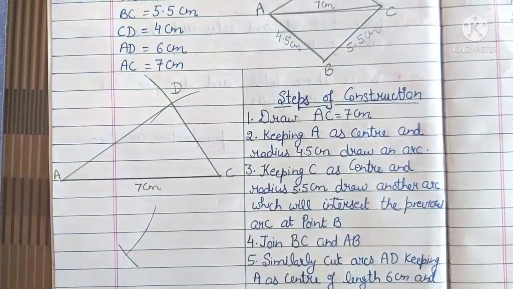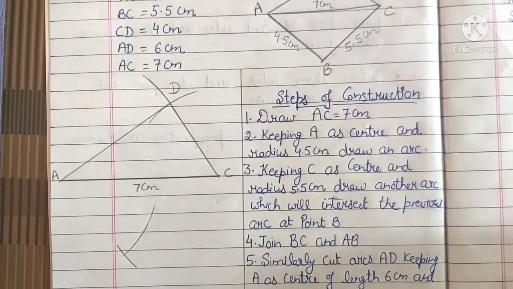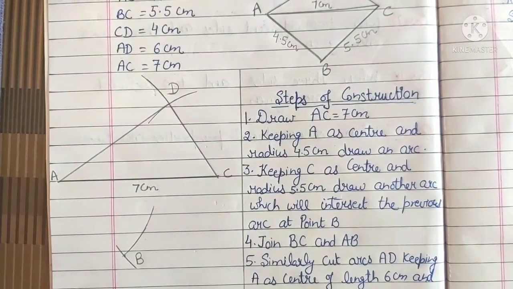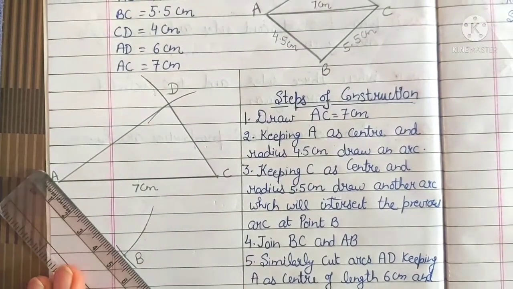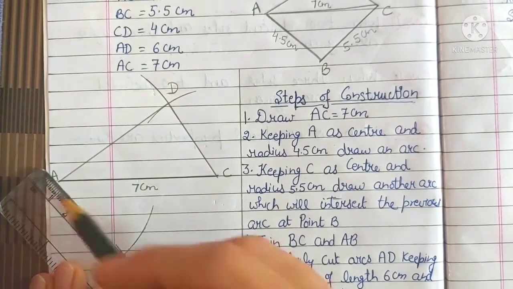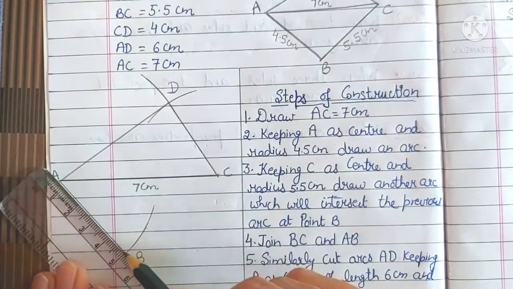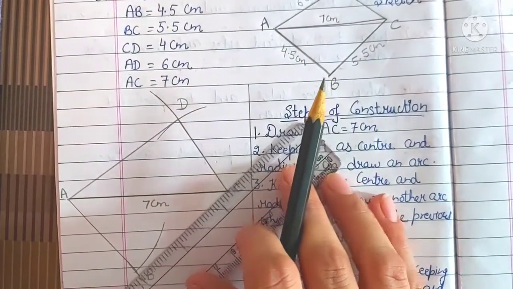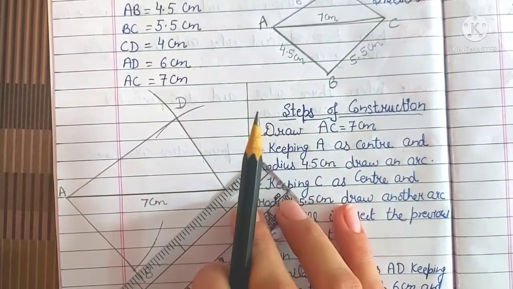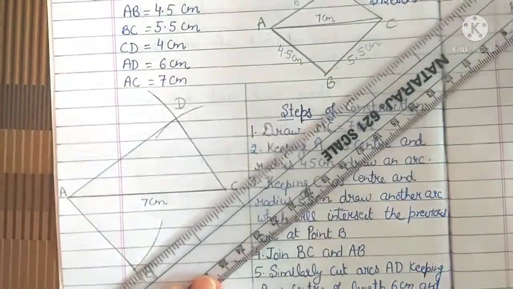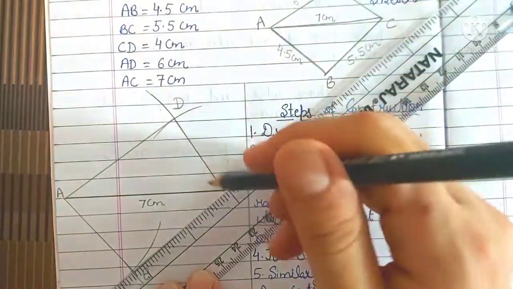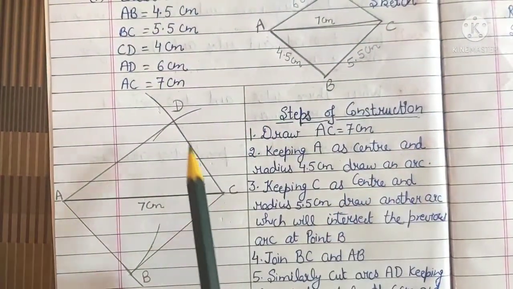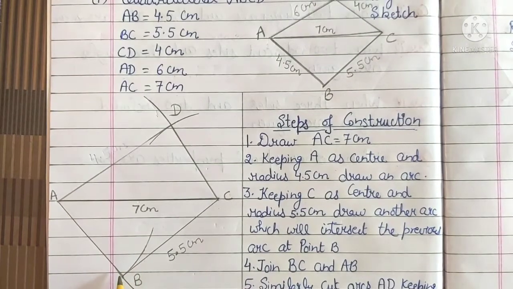These two arcs will intersect at point B. So this is point B. In the next step I'll join AB and BC. Like this, A, B, C, D, this construction is now complete.